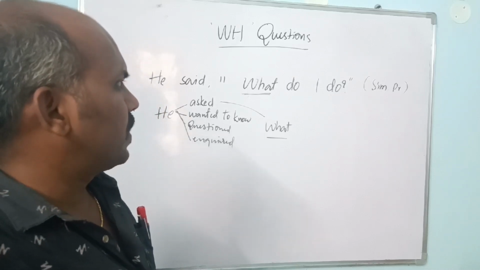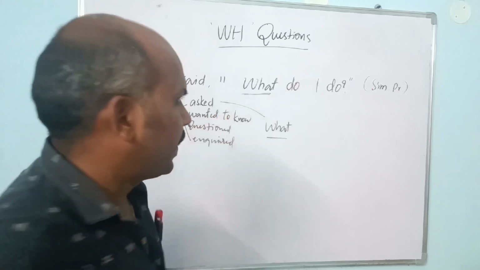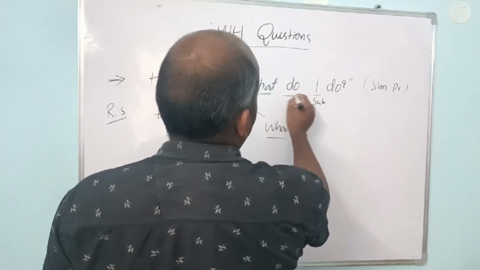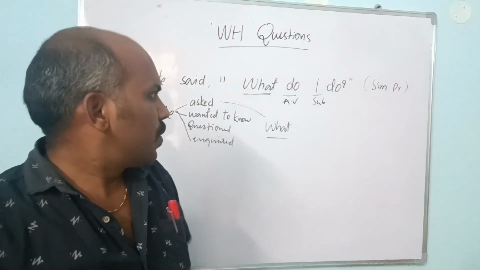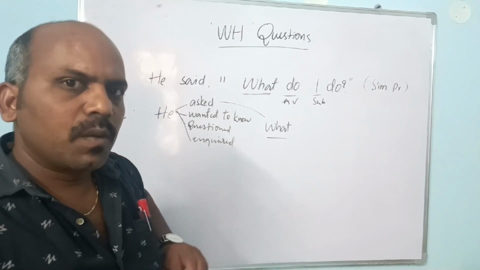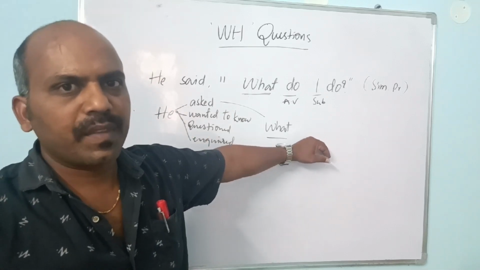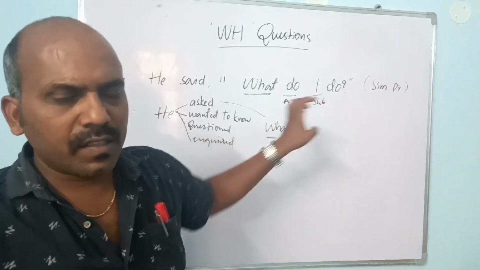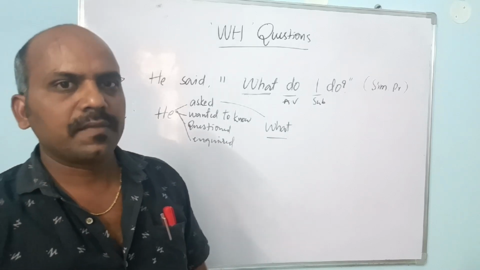One more change is that in direct speech we get a question, where the auxiliary comes before the subject. But in the previous video we learnt that in reported speech we don't get any questions. Even if we are changing a question into reported speech, it must not follow the question form. The question must be changed into a statement.